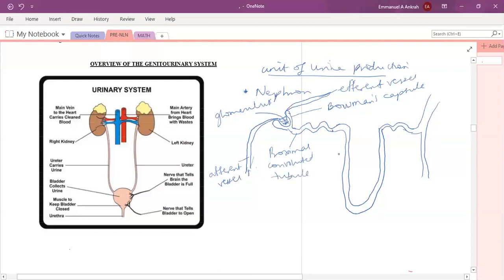Then this hairpin loop is known as the loop of Henle. And then another convolution here, up and down movement, is called the distal convoluted tubule.